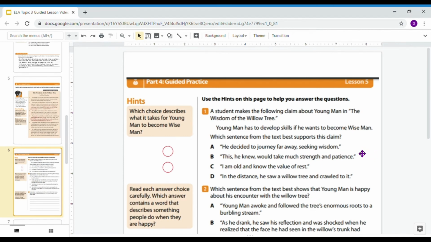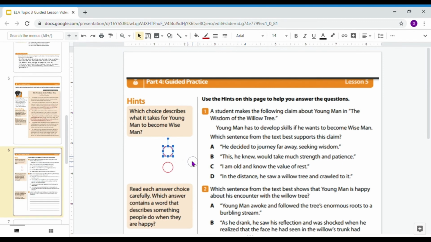He was looking for the wisdom, but it really doesn't address the skills and what he needs to do in order to become the wise man. And then for number C, I know that's not the right answer because that's just a line of dialogue that's spoken by the willow tree. It really doesn't have any sort of support to this claim. So my correct answer is B.